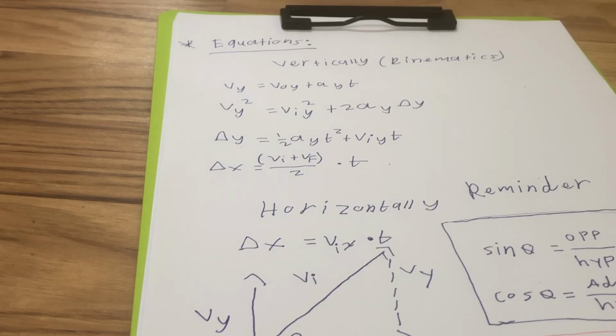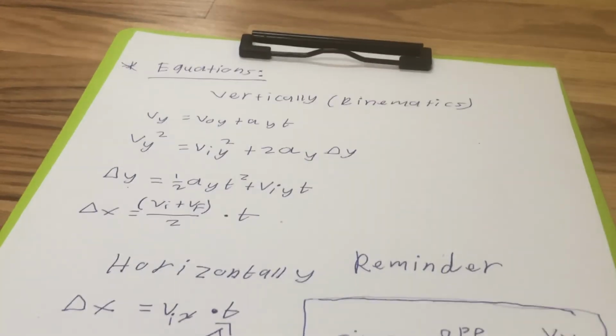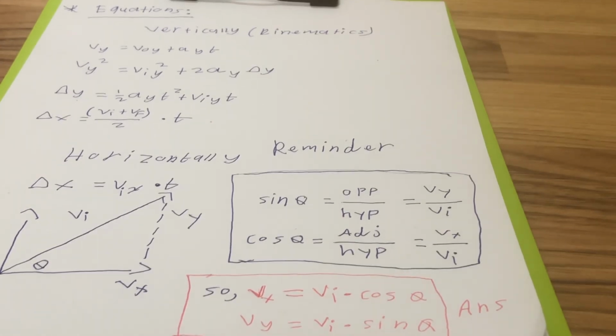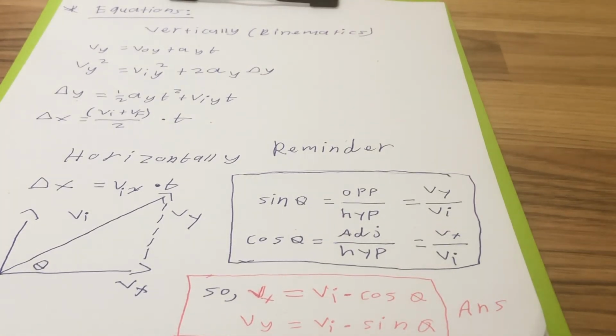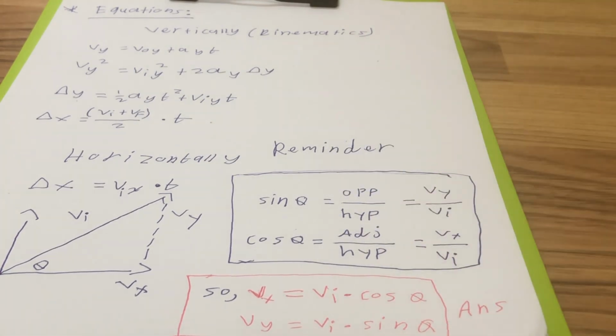In solving problems. Now here, a reminder for the trigonometry or trigonometric ratios. The sine of the angle, sine theta, or instead of theta you can put alpha, is the opposite over the hypotenuse.